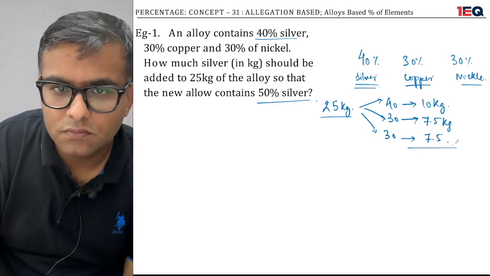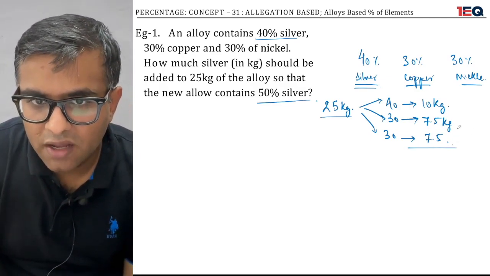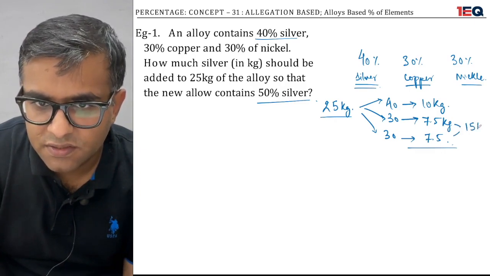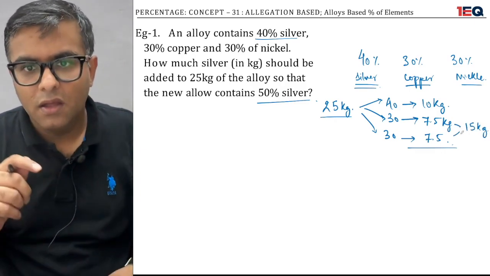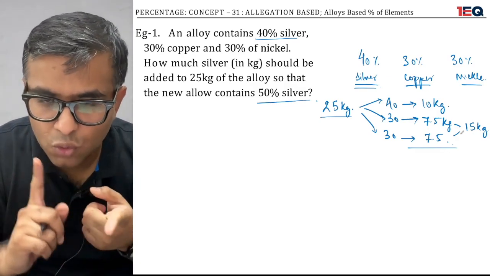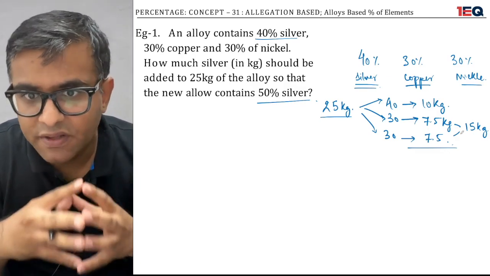The total of these two quantities is 15 kgs, so copper and nickel together make 15 kgs.